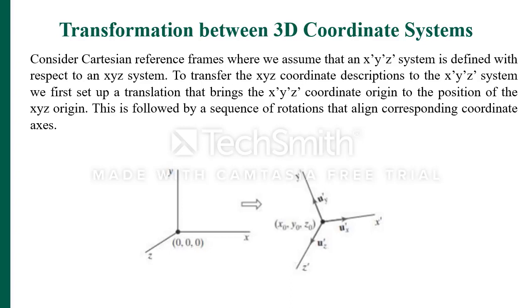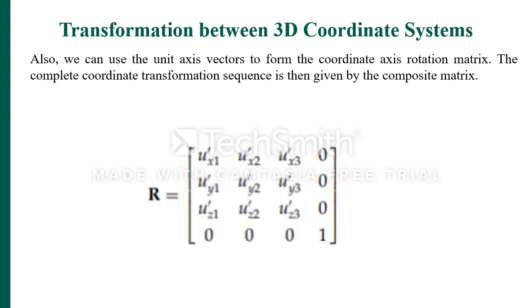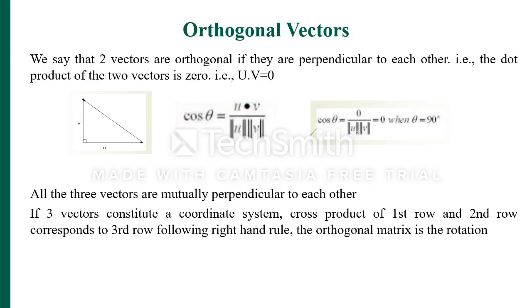To transfer the XYZ coordinate system to the X'Y'Z' system, we first perform a translation that brings the XYZ coordinate origin to the position of the X'Y'Z' origin. Then a sequence of rotations follows, which allows it to assign coordinates. Also we can use the unit vectors to form the coordinate axis rotation matrix, as x1 x2 x3, y1 y2 y3 and z1 z2 z3.